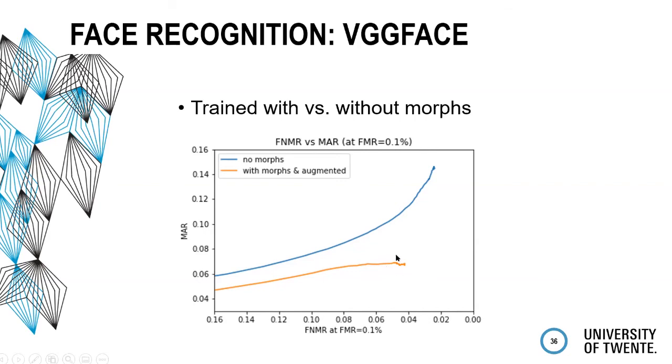So in a way that it is as good as a system trained with only normal photos, and whether this trend is consistent over different architectures and different kind of data sets.